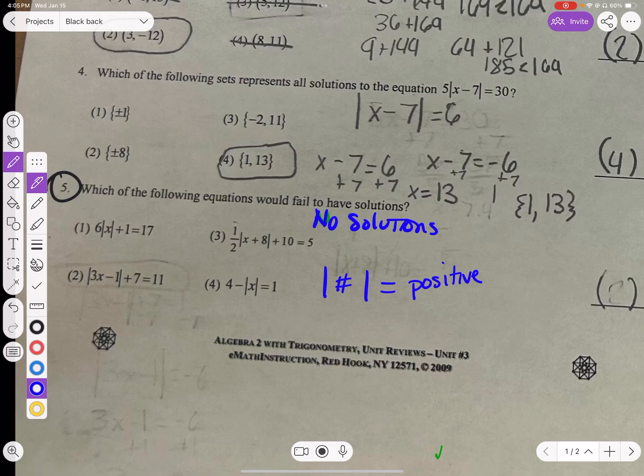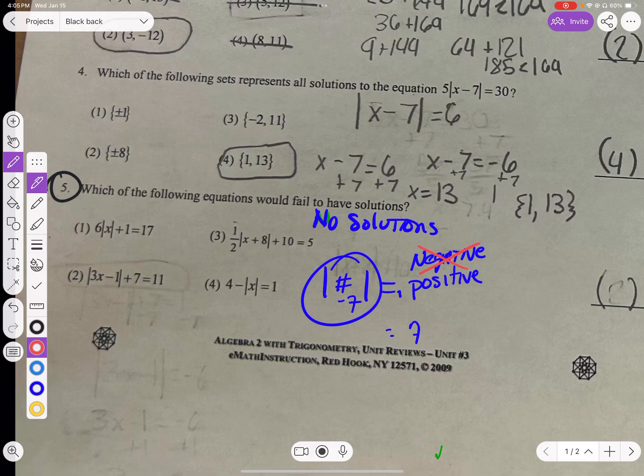If this number in here is -7, and I take the absolute value of it, it's 7, no matter what. So if I have an absolute value and it ever equals a negative number, it is impossible because that just does not happen.